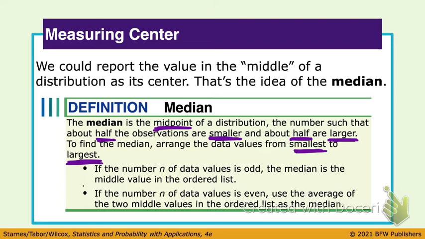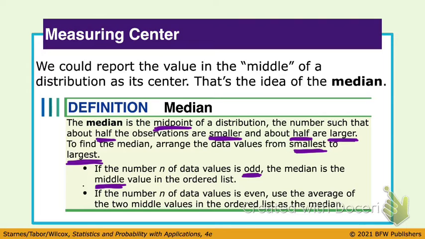Now, if the number n, that's your sample size, if the number n of data values is odd, so you have 13 data values or 15 data values, then the median is the middle value. It is literally going to be a single middle value. So if you're marking off the highest, lowest, highest, lowest, you'll find the actual middle value.